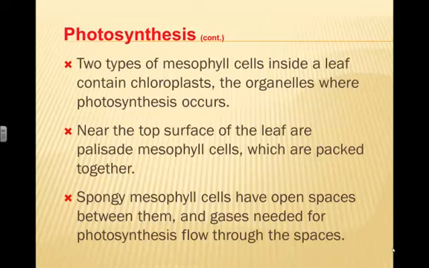So near the top surface of the leaf, you've got all those palisade mesophyll cells all stacked together, like sandwiched together, no spaces. Underneath that, then, you have the spongy mesophyll with all the spaces so that these gases and the water can get to all the cells, the needed gases for photosynthesis.